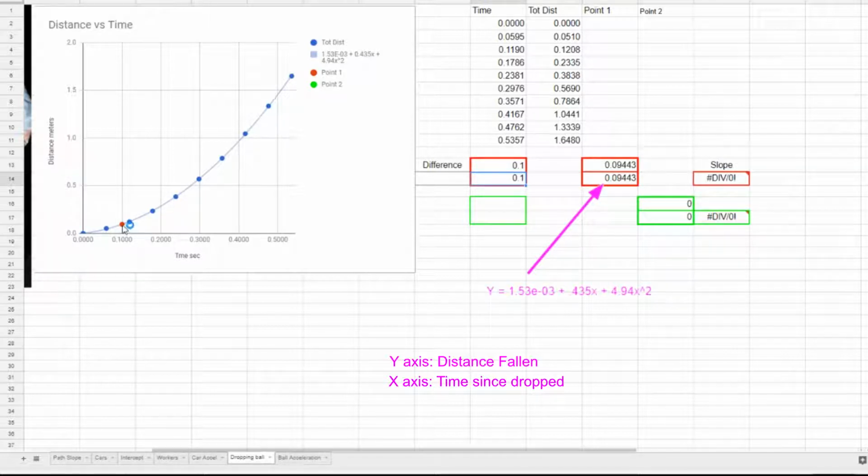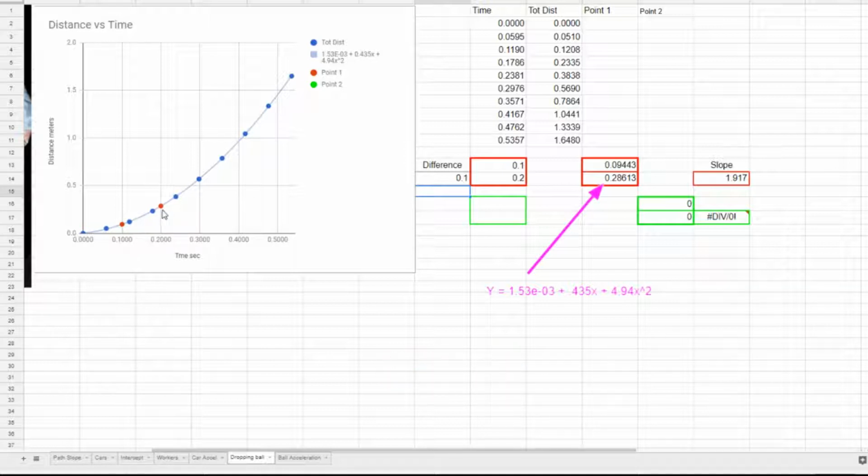But now I'm going to make it more accurate by defining 2 points on here, getting a line between them, and then getting the slope of that line. So to do that, I have this difference here. If I put in a difference of 0.1 seconds, sure enough, I get 2 points.